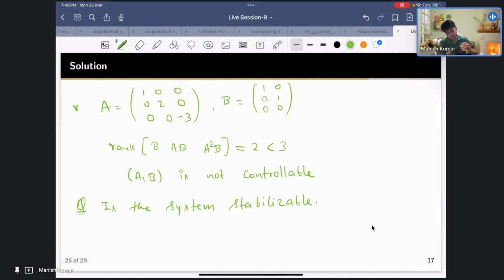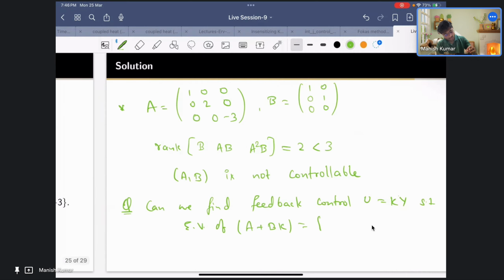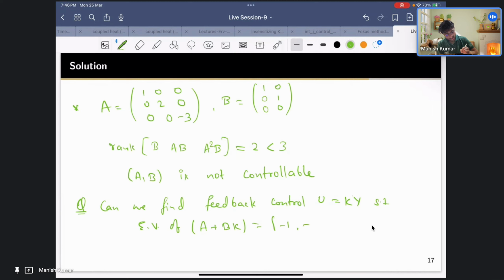So the more precise question is this one: can we find a feedback control u, such that u equals K y, such that the eigenvalues of A plus BK are equal to minus 1, minus 2, minus 3?